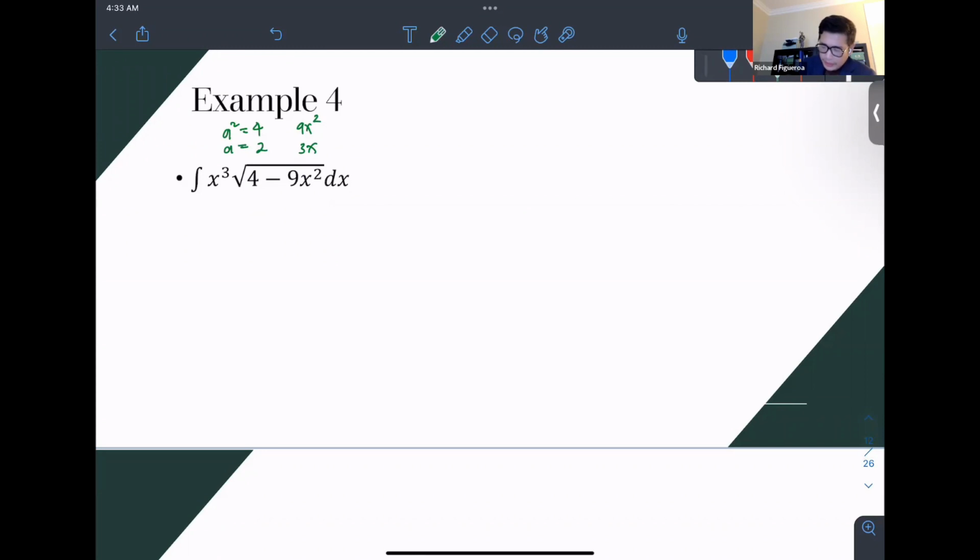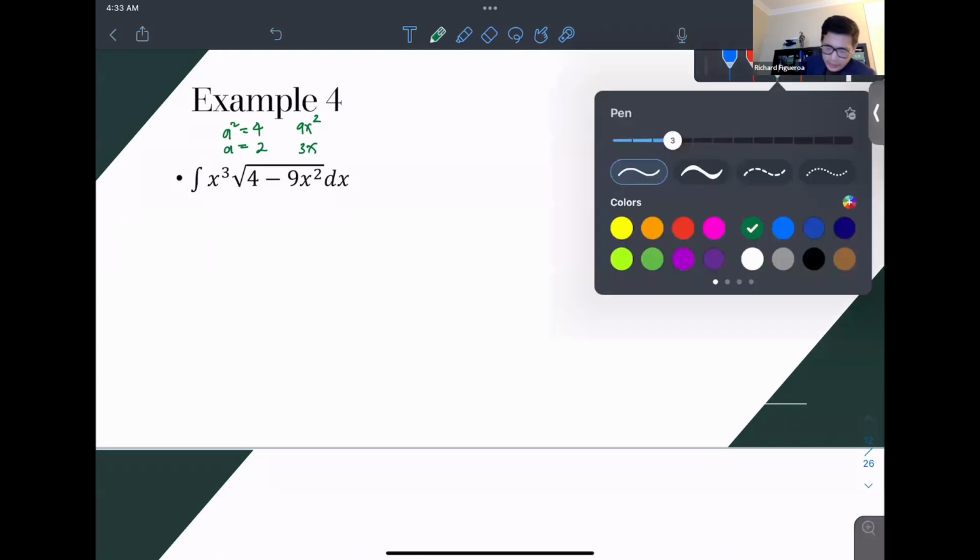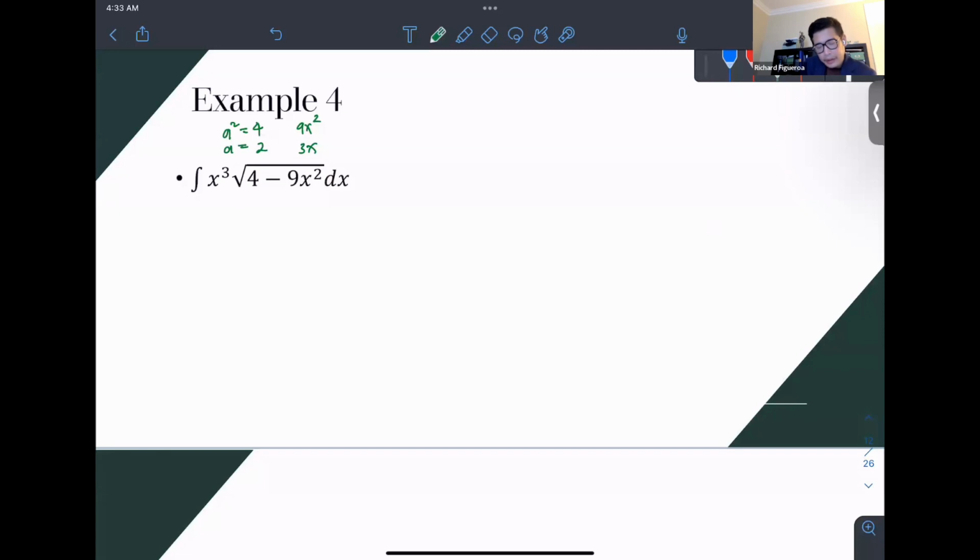So supposedly, since it's minus, the constant 4 is positive, it should be x equals a sine theta. However, in here, this one will serve as our x, and this one will serve as our a, which is 2. So therefore, our x then will be 3x.